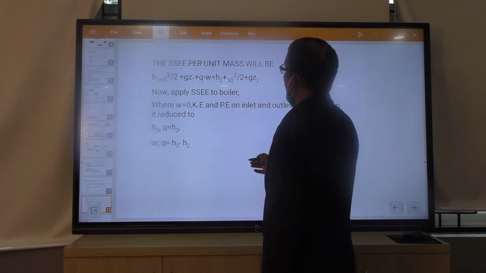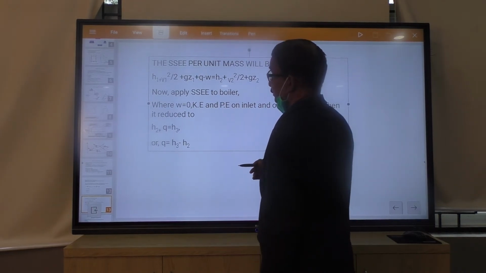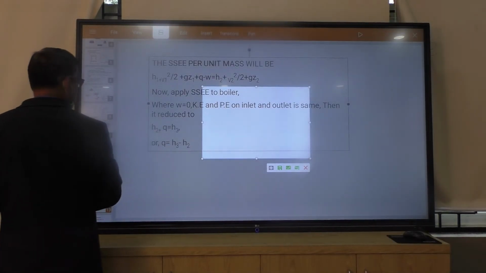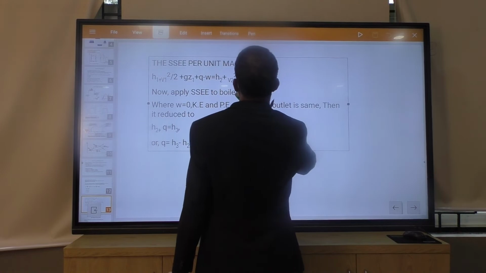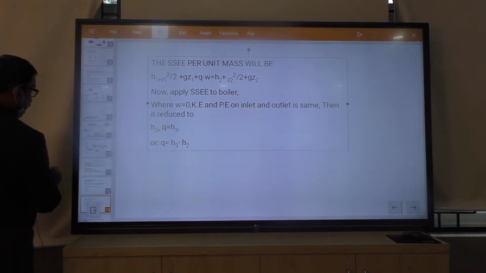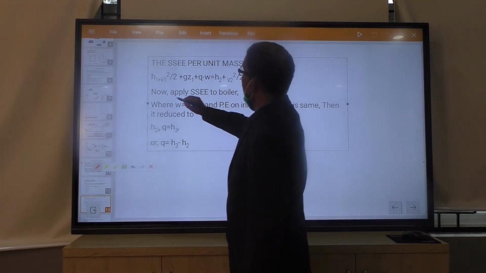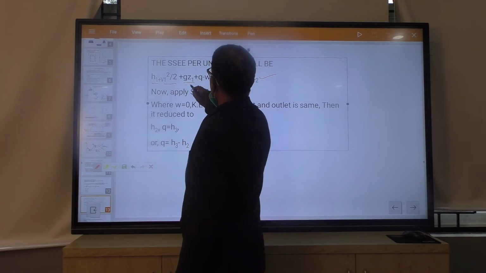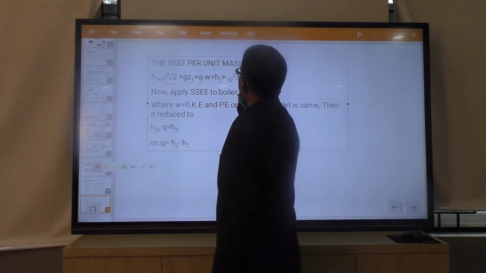Now apply this to boiler. Now this steady state equation: enthalpy at 1, kinetic energy 1, potential energy 1, and heat transfer at section 1, W can come to this place also, minus, taking it to the left side.